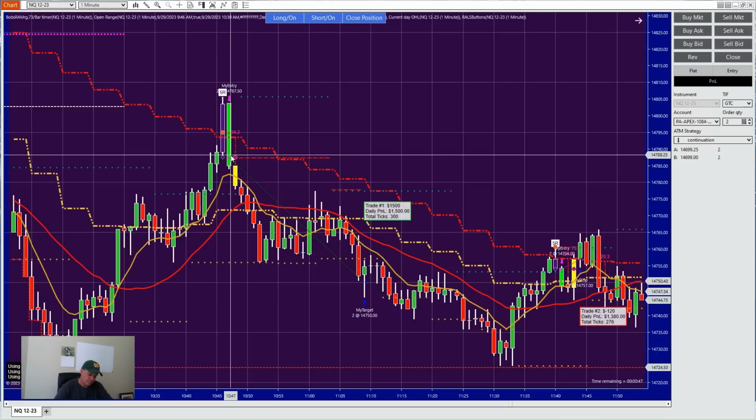So each one of these instruments and each one of these trades, 5R, 5G, and 1 minute gold line, they all have that customized.